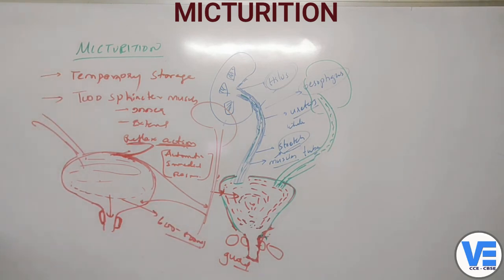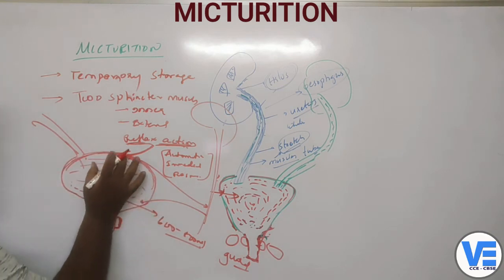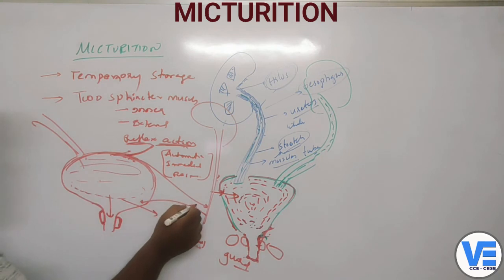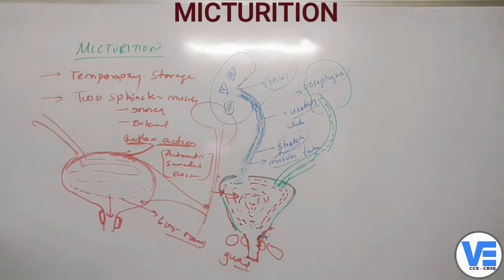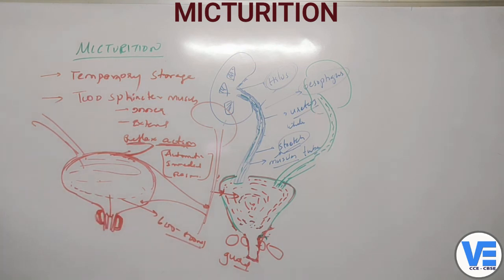Once it reaches around 200 ml, the bladder stretches and gives a response to the spinal cord. Since the bladder is not completely filled and the situation is under our control, the two sphincters constrict and close the urethra for some time so that the urine will not go out. That is what is basically done in the beginning.